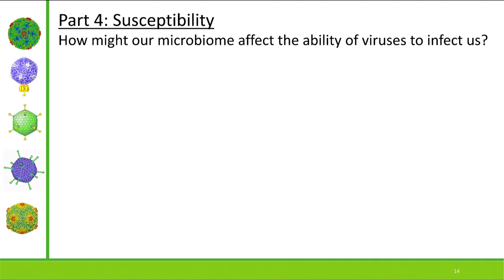Before I started teaching this class, I never really had thought about how our microbiome can affect the ability of viruses to infect us. So we, of course, have a microbiome, we have a virome, but I never really thought about how they could feed into one another, which is, of course, silly because they normally exist together. So let's first think about the microbiome.